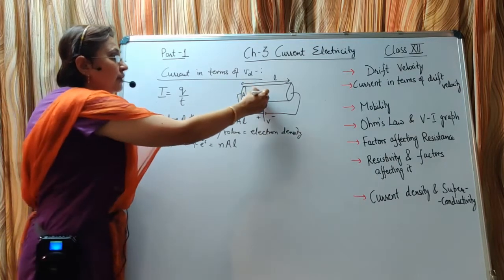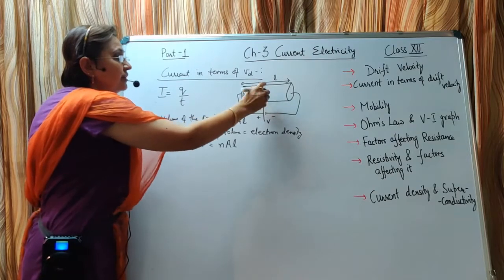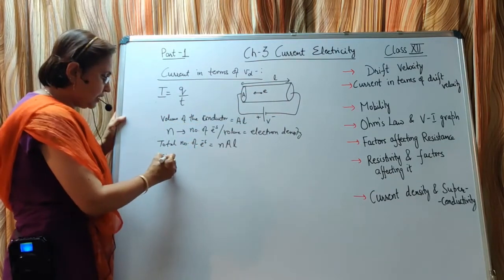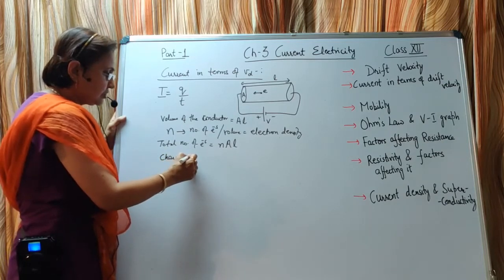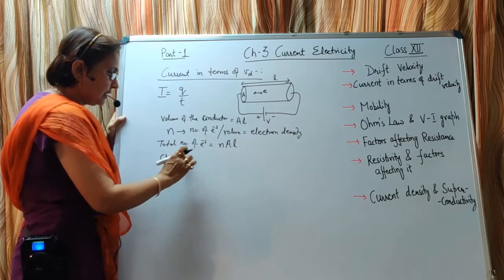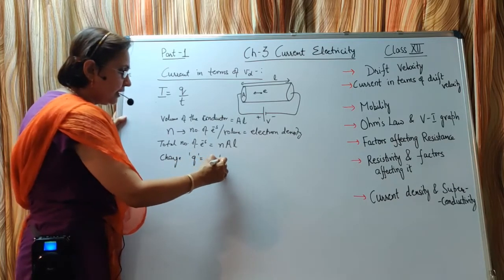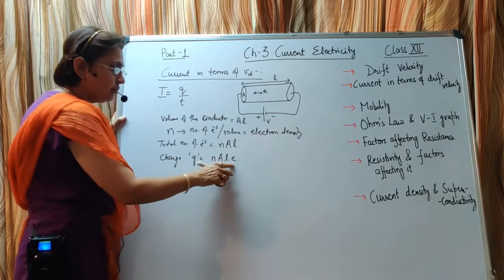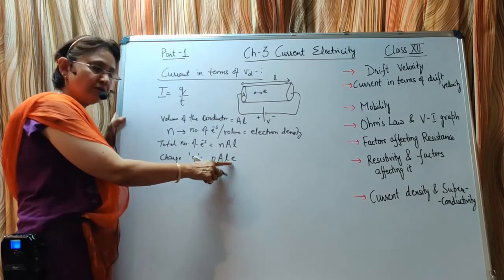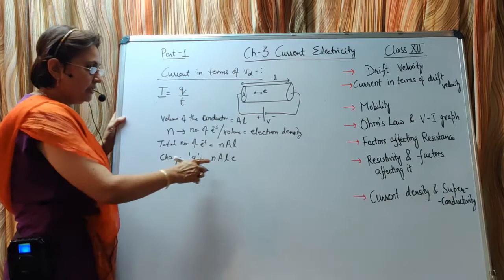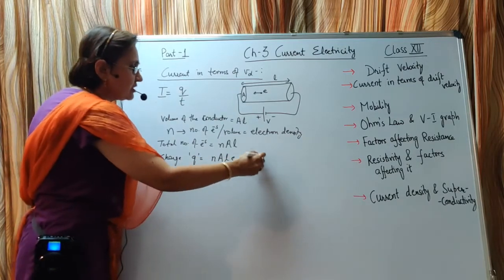Now the charge on each electron is e. So the total charge Q flowing in the conductor will be equal to n A L into e, where e is the charge on one electron. So this is the charge Q, equation number 1.